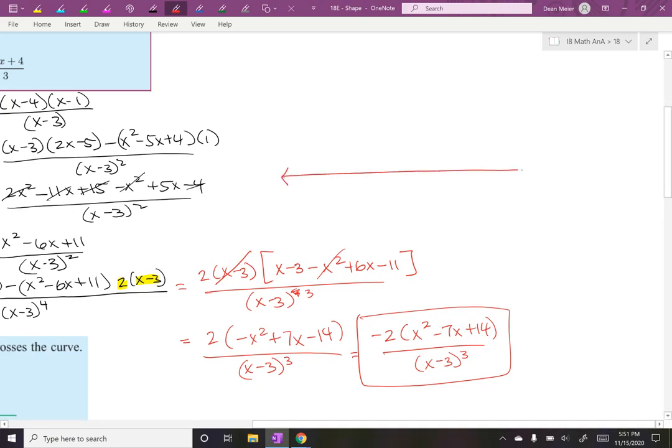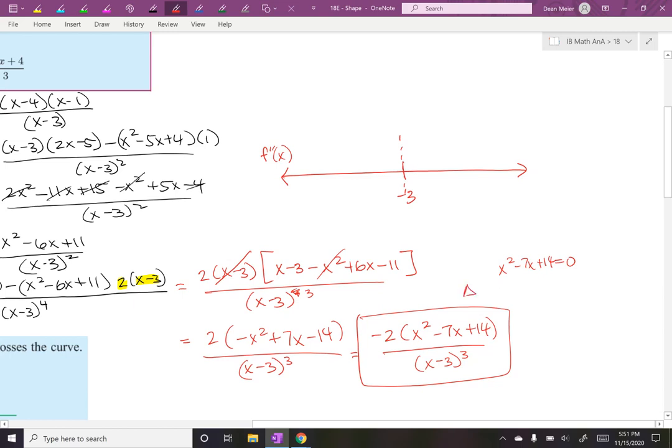So I'm going to sneak that up here and say this is my f double prime of x because we want to know concavity. Now we do know that since this is a fraction, 3 is not existing. So we're going to have to check either side of that. And when is the numerator equal to 0? So when does x squared minus 7x plus 14 equal 0? Well, let's see.